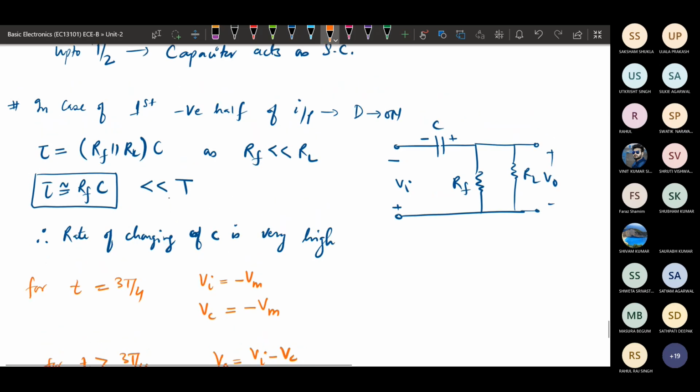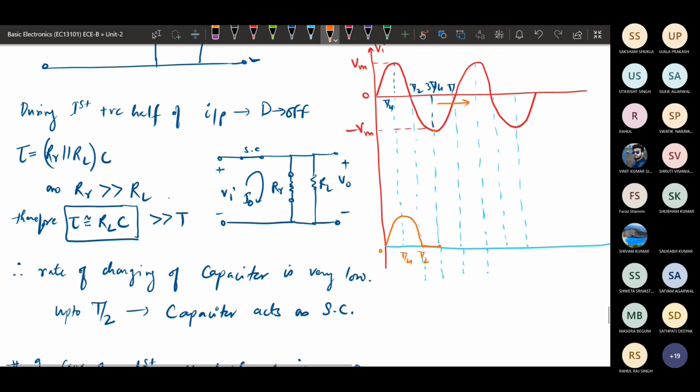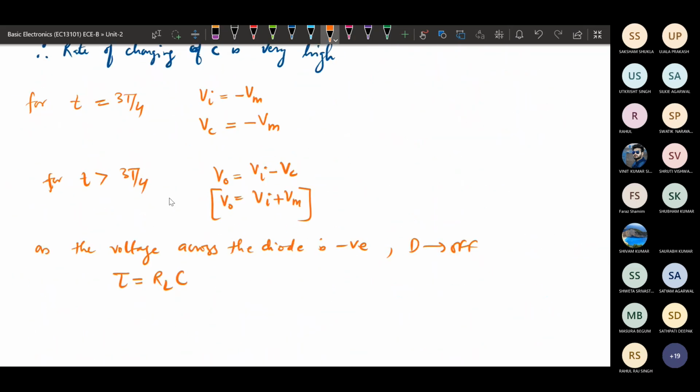Now we are going to reduce the input voltage. Beyond this 3T by 4, the input voltage is going to reduce from the minus Vm value. So the output that we will be getting is V input plus Vm. V input is now less than the Vm value in magnitude, but it is in the negative direction.